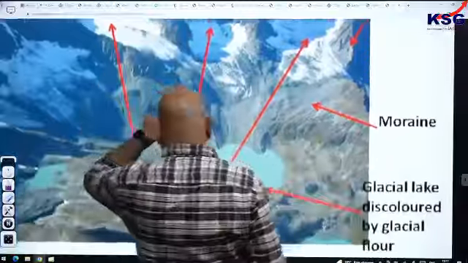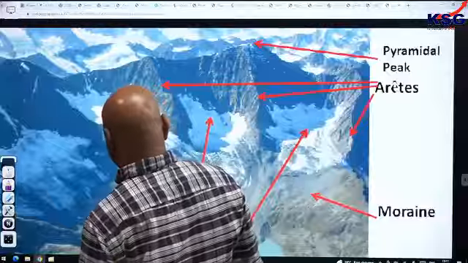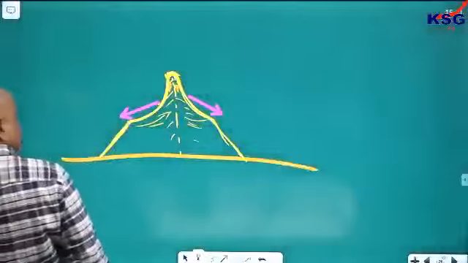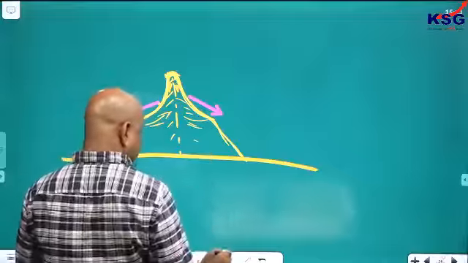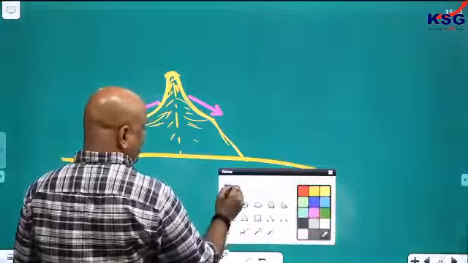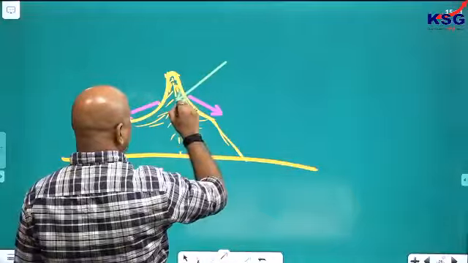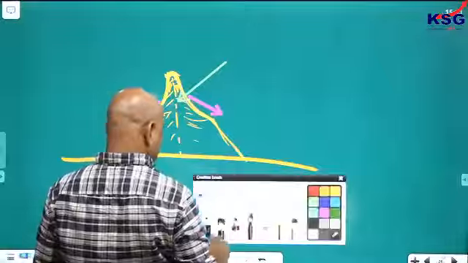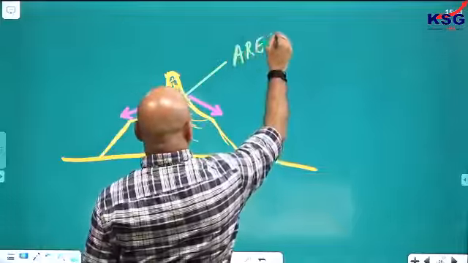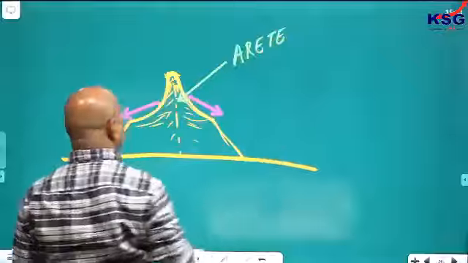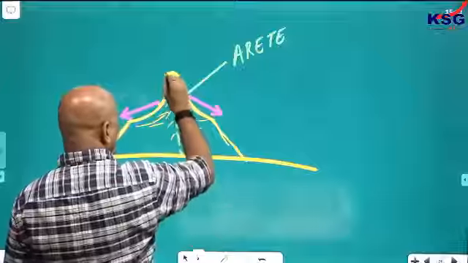Did you understand or not, what is an arête? This one is an arête. Which one is the arête? If you look here, where is the arête? This particular line is the arête. The line that you can see here is the arête.